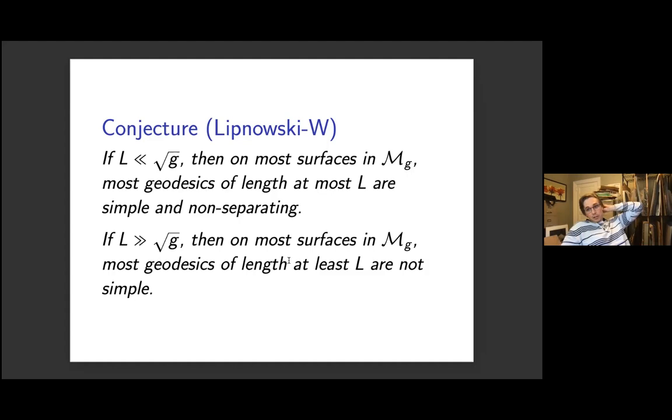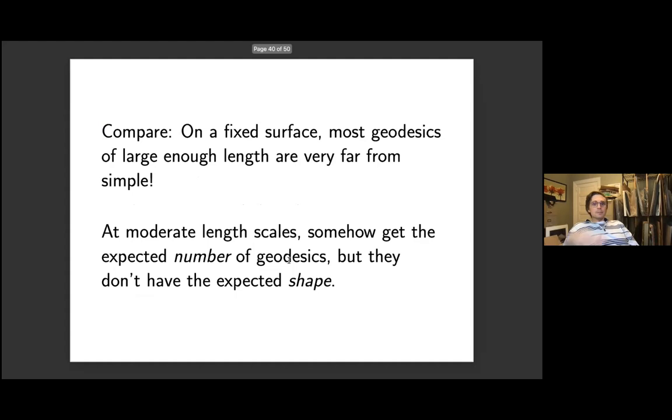It really gives a very evocative picture of how to understand geodesics on surfaces with length scales that vary with the genus. Let me just discuss this for a minute before going back. On a fixed surface, if you look at very long geodesics, very few of them are simple.